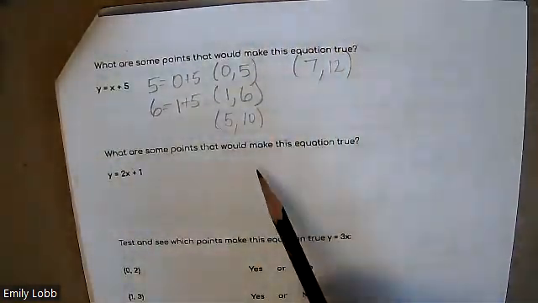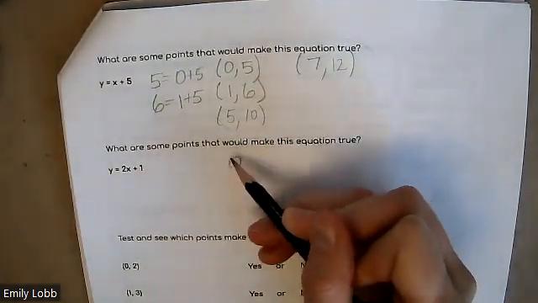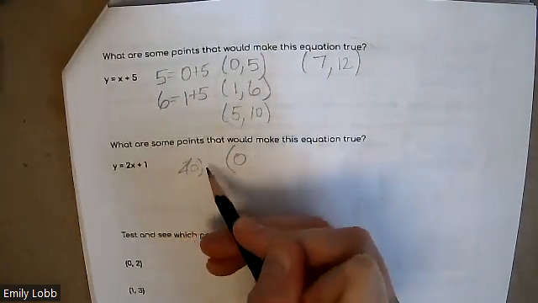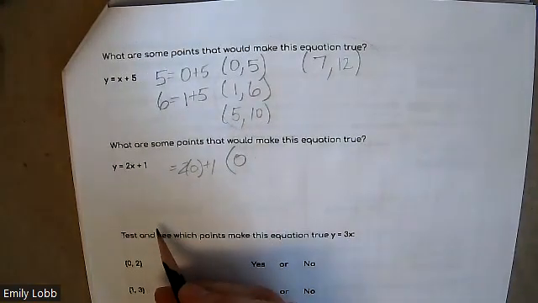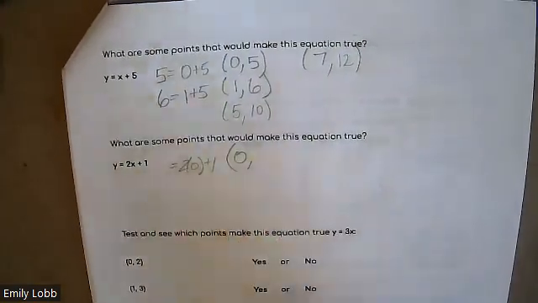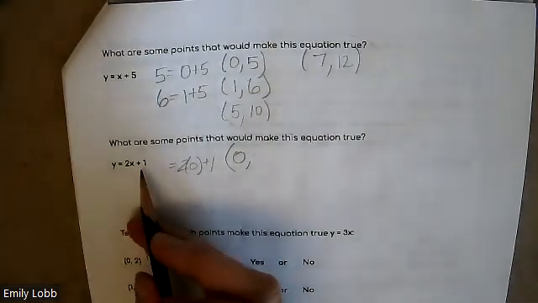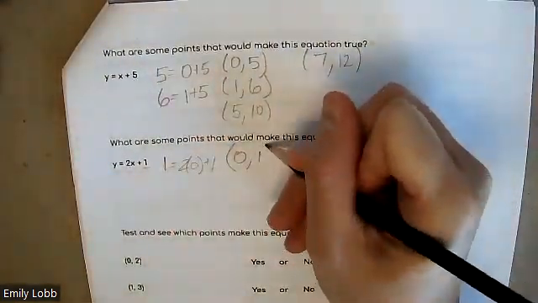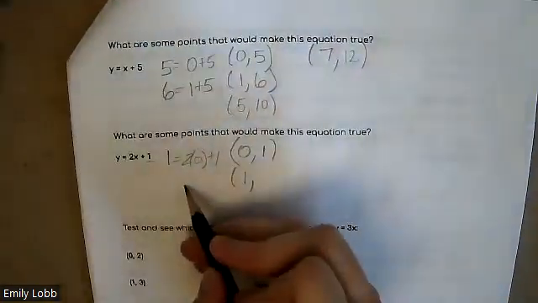With that being said, try the second part. So, maybe just start with 0 again. Right? 2 times 0 plus 1 is equal to what? What does y equal when x is 0? That should be our y-intercept, which is 1. What does y equal when x is 1?